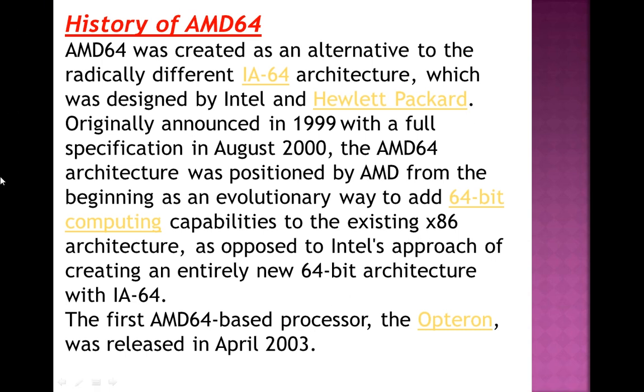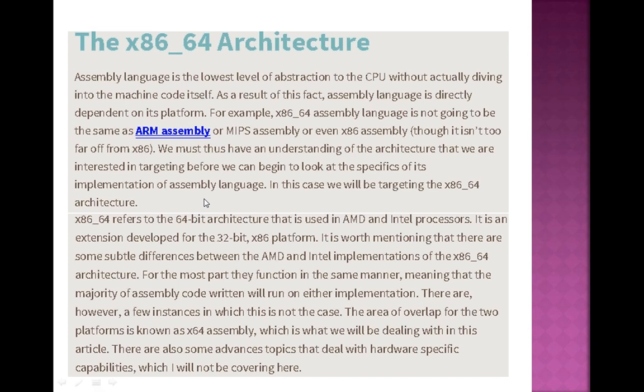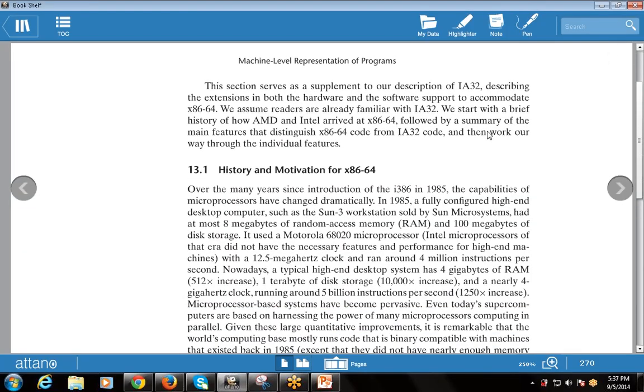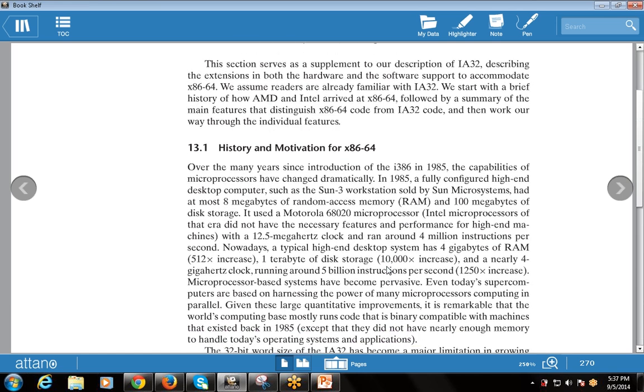So this is the history of AMD64, how it was developed. Prior to this, what architecture was used for creating programs in assembly language? Next, the x86-64 architecture. Over many years since the introduction of x86 in 1985, the capabilities of microprocessors have changed dramatically.